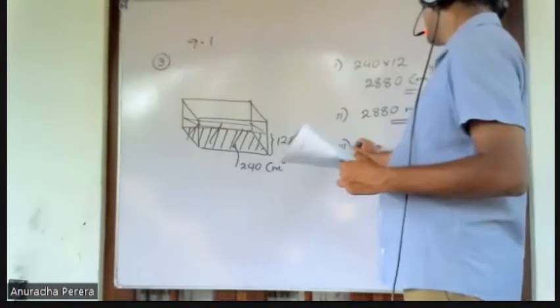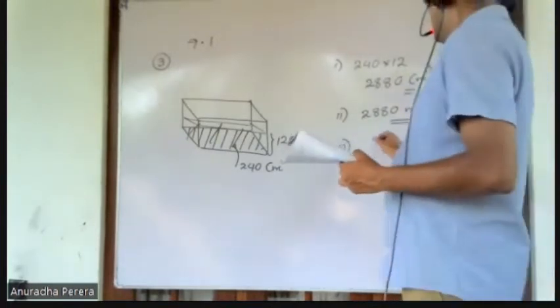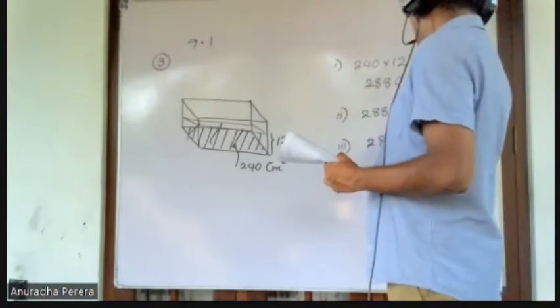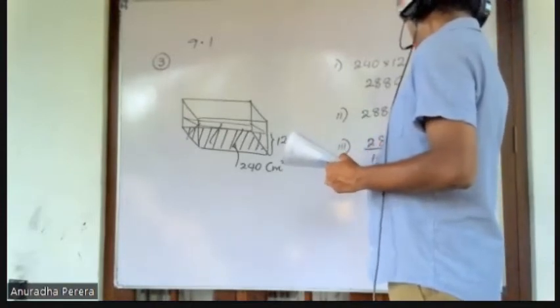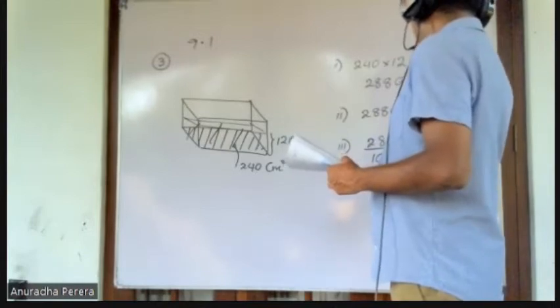And third one in liters. To convert into liters, this has to be divided by 1,000. The answer is 2.88 liters.